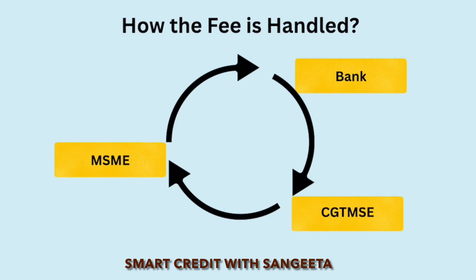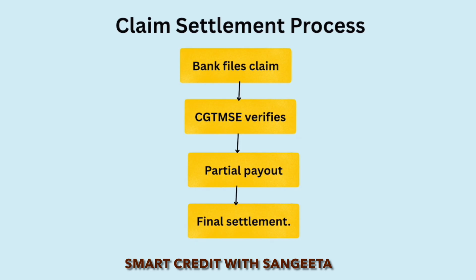Now let's understand the claim settlement process. In case of genuine default after due diligence, the lender can file a claim online. The trust will pay 75% of the guaranteed amount on preferring of an eligible claim by the lending institution within 30 days.